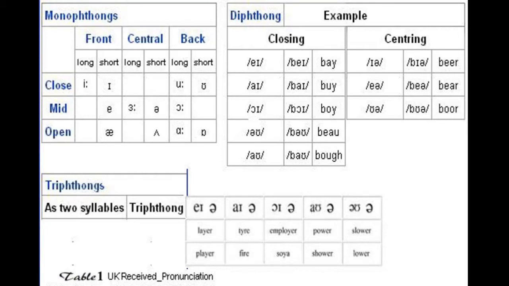The other 5 long ones are: E, as in the word beat or heat. Long A, as in the word far or car. Long O, like in the word call.